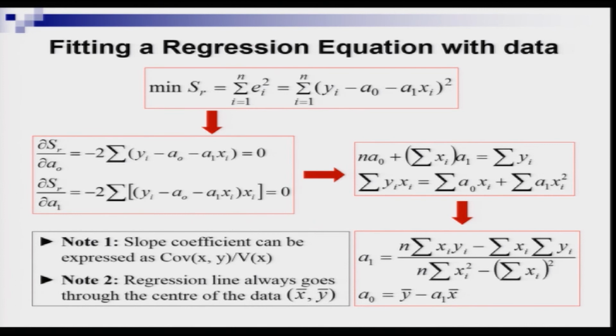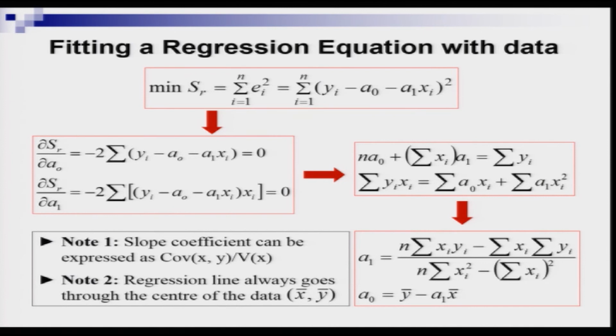Now concentrate on the box that is placed in the southwest corner of the slide. Here note 1 says that the slope coefficient, that is basically A1, this clumsy formula that you are seeing in the adjacent box, can actually be simplified and expressed in a very simple mathematical expression, and that is basically the ratio of the covariance between x and y and the variance of x.